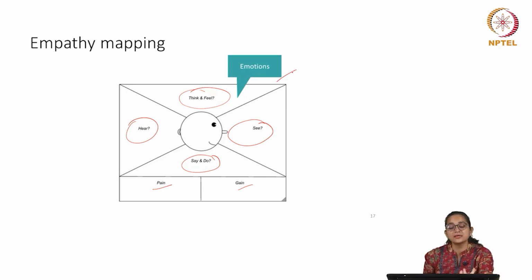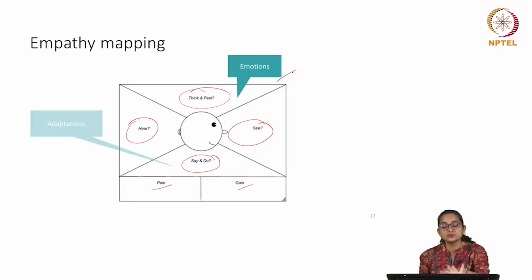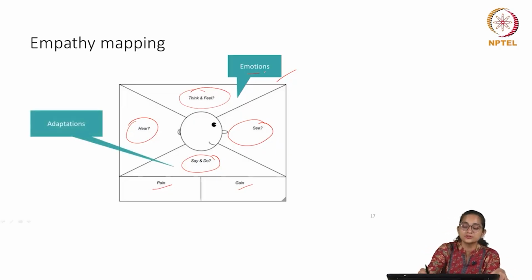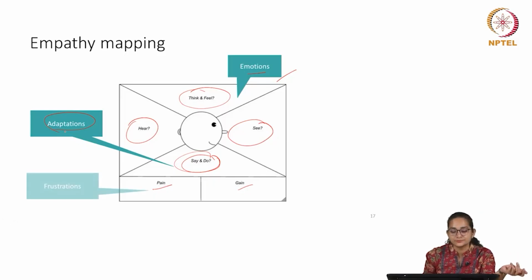So for example, the think and feel gives you an understanding of the emotions of the users. The say and do is what we call adaptations, how they are working around the existing frameworks and processes in order to get the job done.